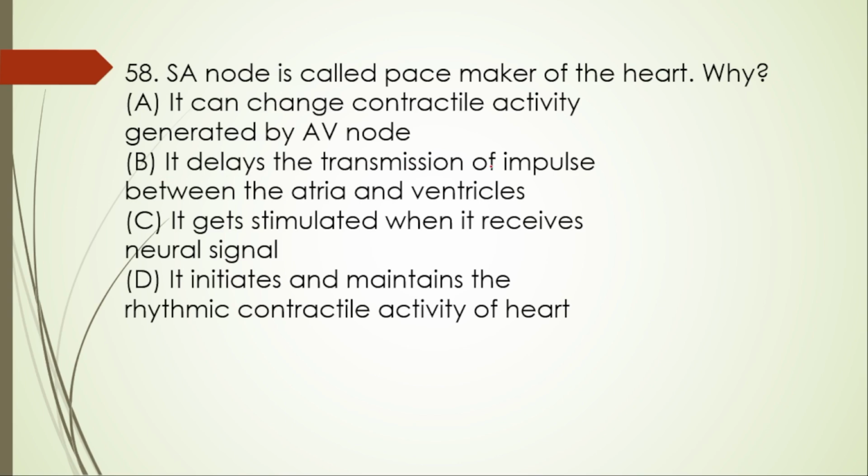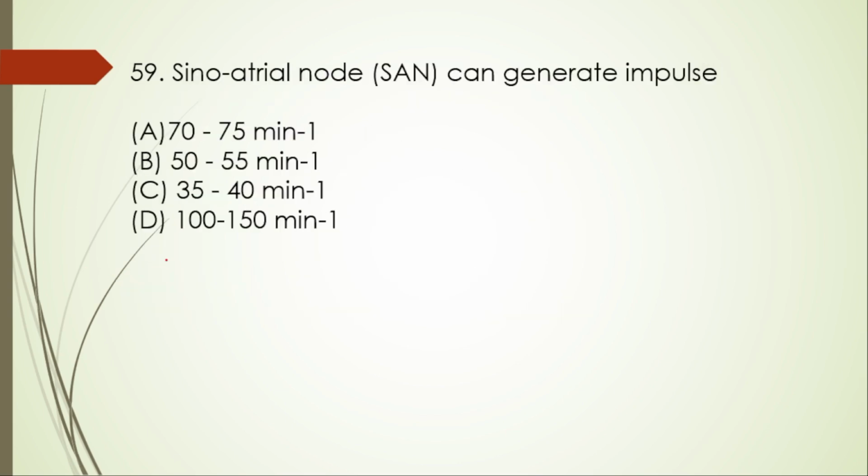B. It delays the transmission of impulse between atria and ventricles. This is also wrong. C. It gets stimulated when it receives a neural signal. Just now we discussed that. D. It initiates and maintains the rhythmic contractile activity of the heart. So this one is correct. So for 58, D is correct.